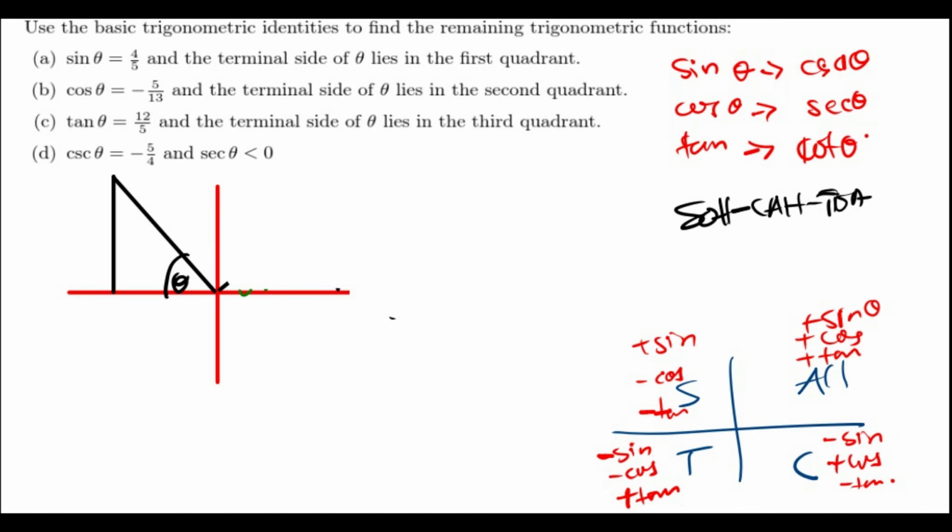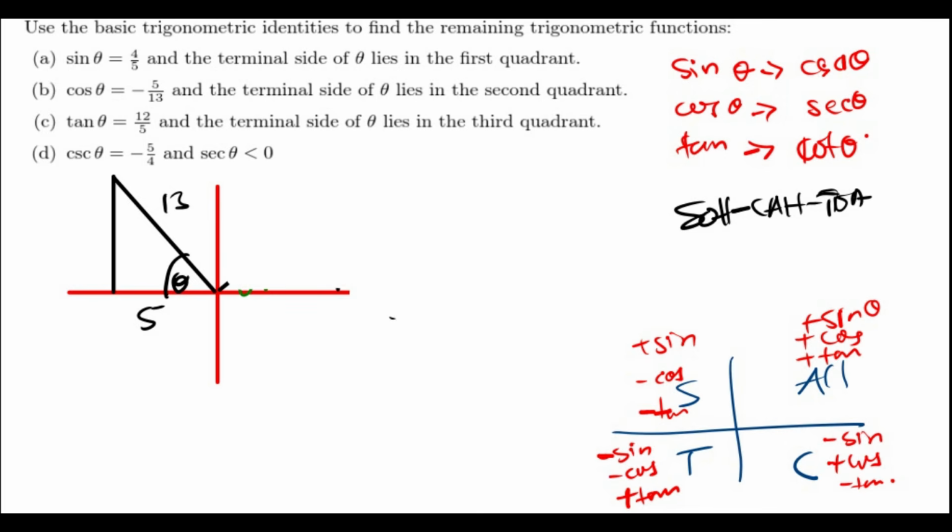Using SOH CAH TOA, we are looking at cos. Cos is adjacent over hypotenuse. So hypotenuse is 13, adjacent is negative 5. If you want, you can put just positive 5 for the length, it's fine, although the answer will still remain the same.